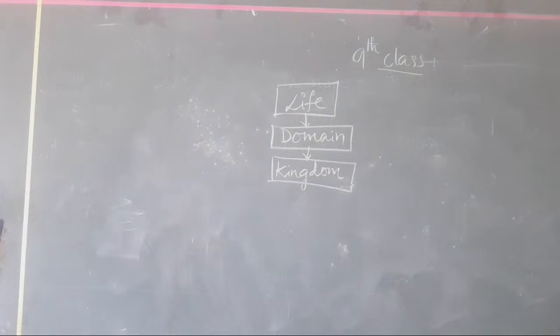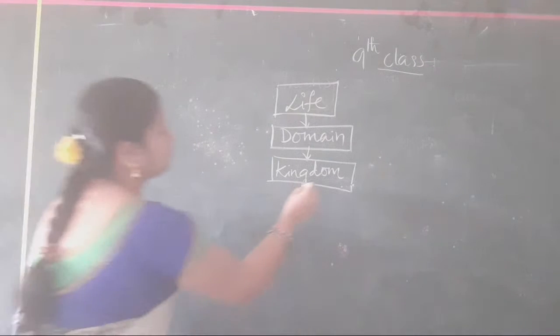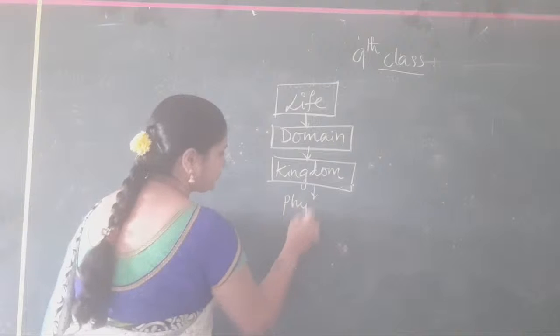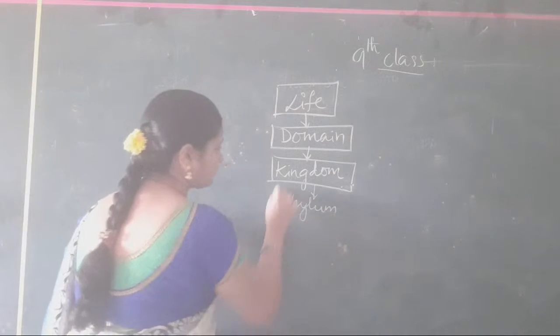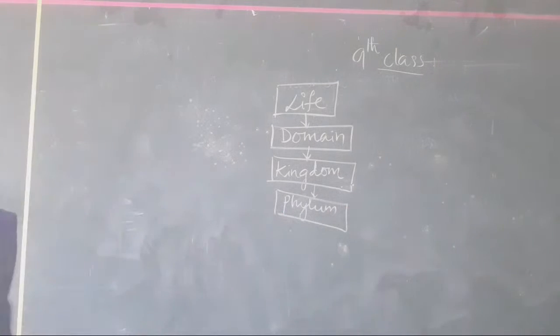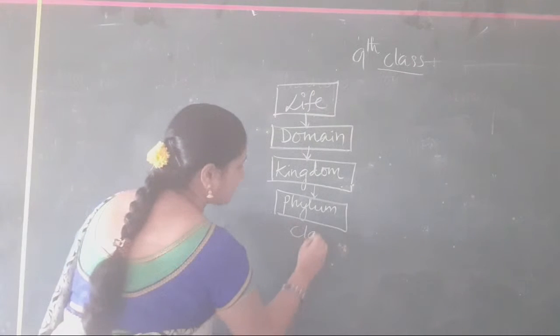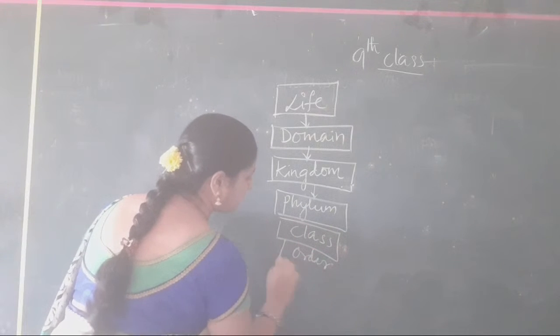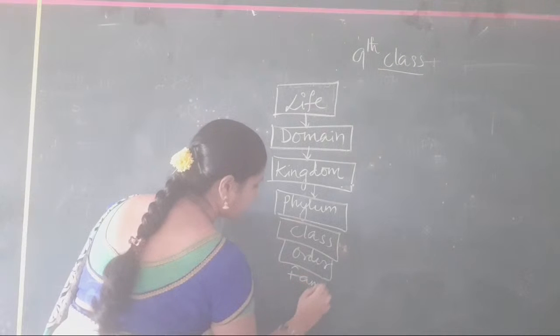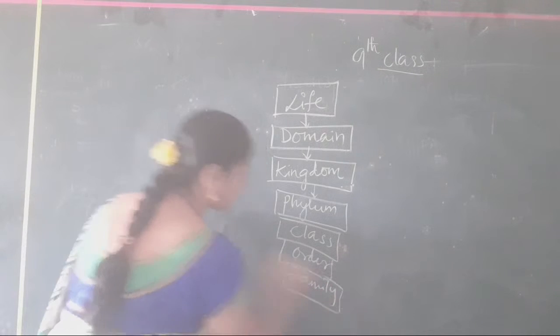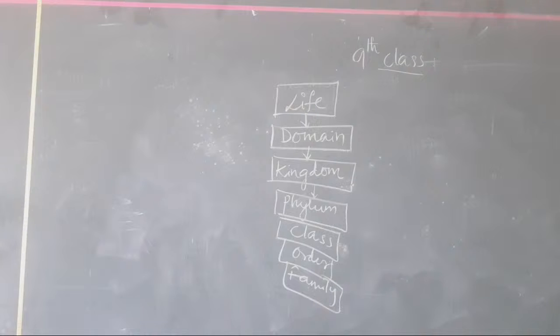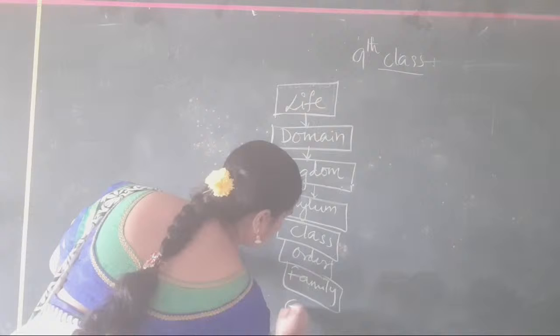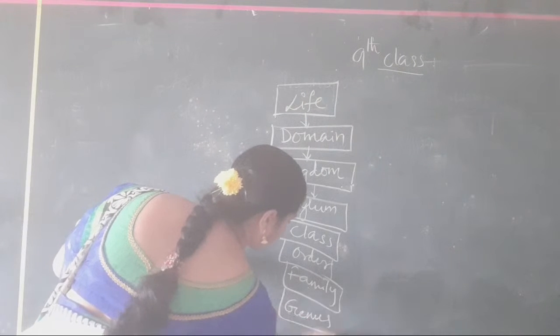Kingdom. Phylum. Class. Order. Family. Genus. Species.